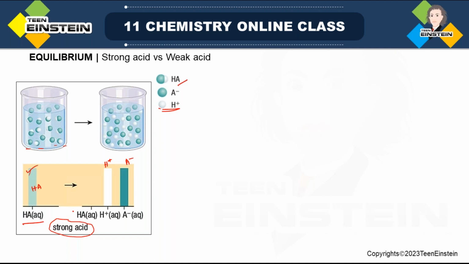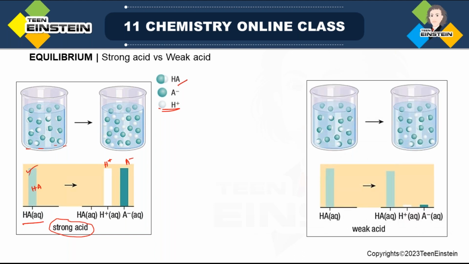Okay. Now, if it is so, then what about weak acid? In case of weak acid, the dissociation is not complete. So see, this is before dissociation and this is after. But the same thing, if you look in the right hand side, is now different. Here HA is denoted by this color, but after dissociation the height is almost the same.